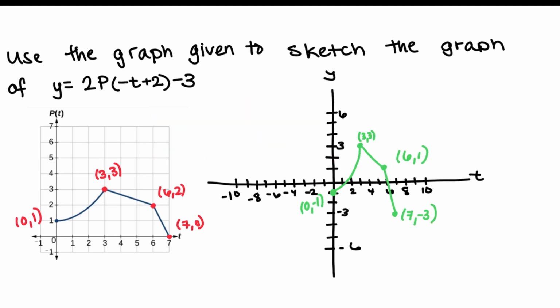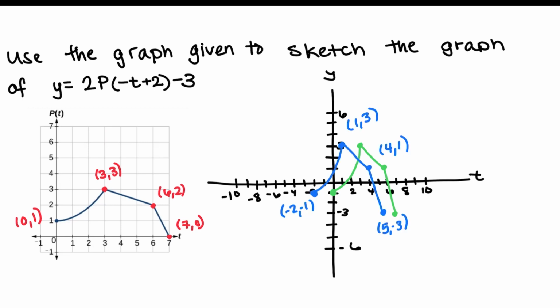All right, so I erased the thing in red just to keep this hopefully a little bit neater. So I'm going to take all of my x values and minus 2. That's going to shift the graph to the left 2. So this point that was at (0, -1), left 2, we're at (-2, -1). The point that was at (3, 3), I move it left 2, I'm at (1, 3).